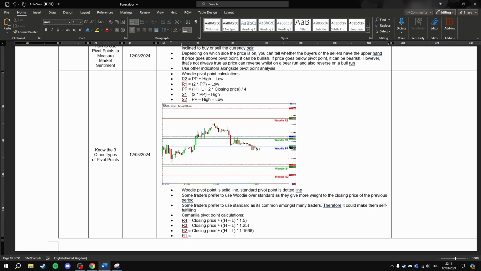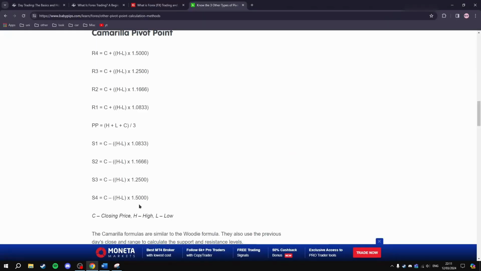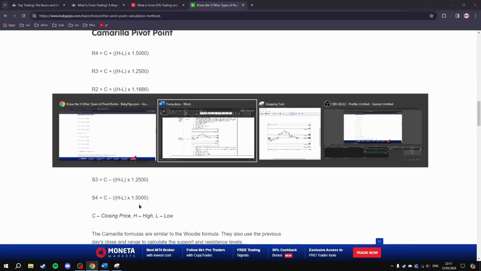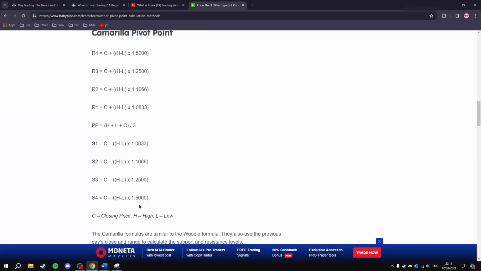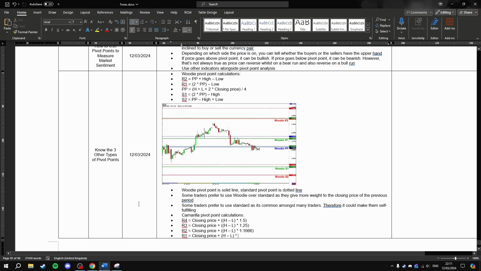R1 is equal to closing price, a lot of closing price has been used here, plus high minus low times 1.0833.